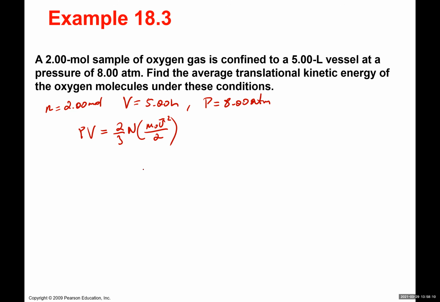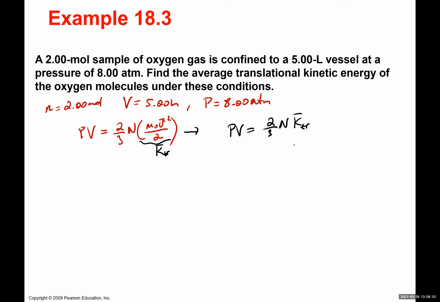In the parenthesis, this is the average translational kinetic energy. Let me put TR for the translational kinetic energy. That means my equation is PV equals 2/3 N times average translational kinetic energy.